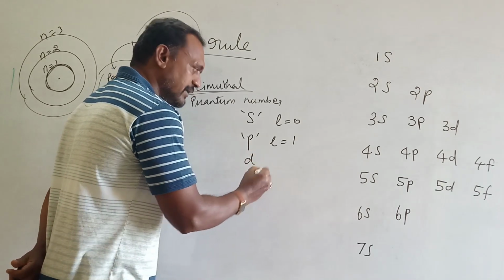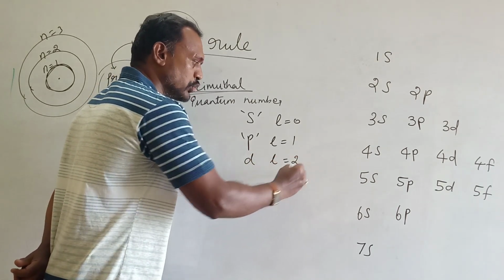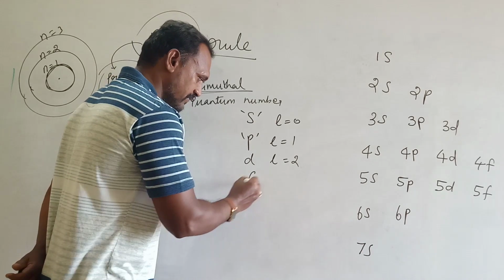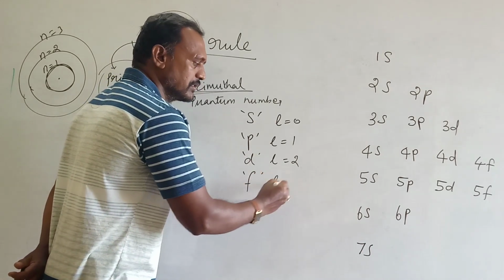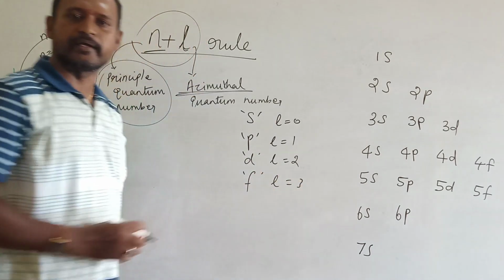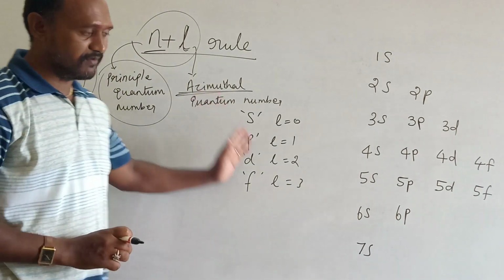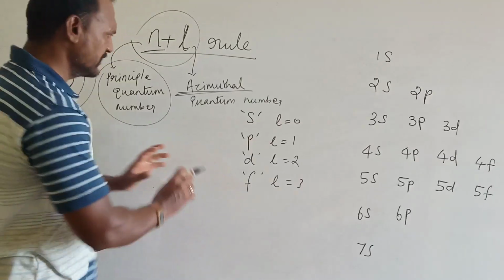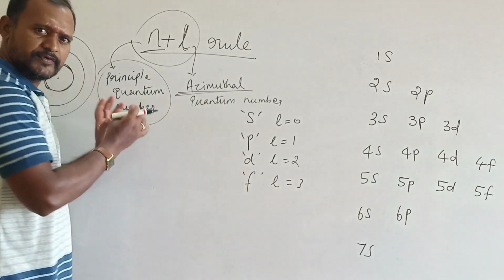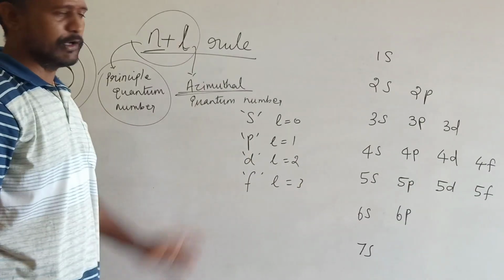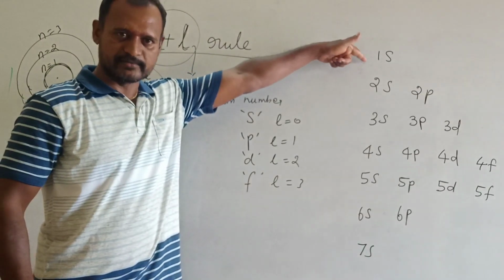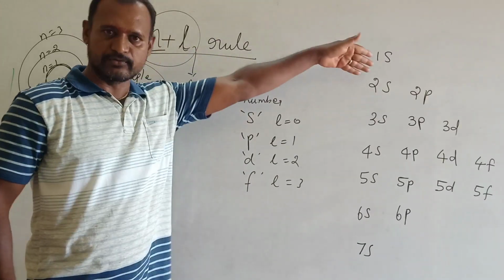For d, l equal to 2. For f, l is equal to 3. Okay, so these are n values, these are l values. By using these two values, we should find the n plus l value for each orbital, for each subshell actually.